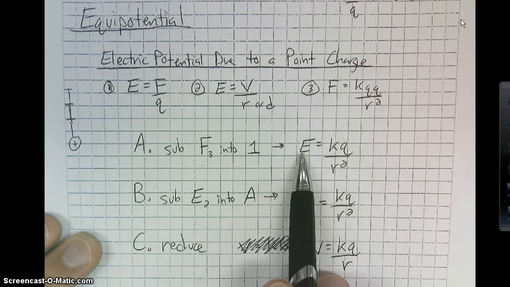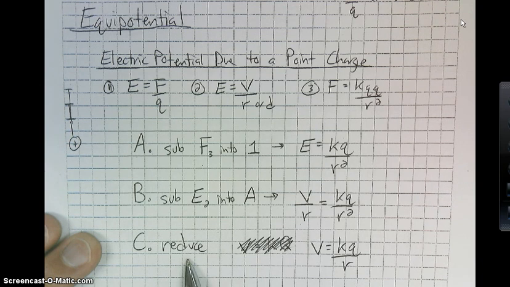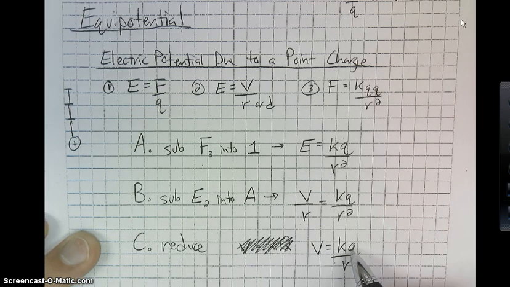So instead of having E in there, I'm going to put in V over R. So V over R equals kq over r squared. And then it simply comes down to reducing, and I end up with an equation that says the voltage due to any point charge is equal to k times the charge over the radius.